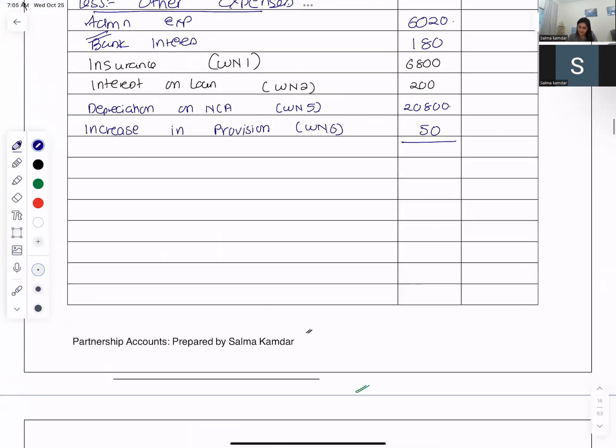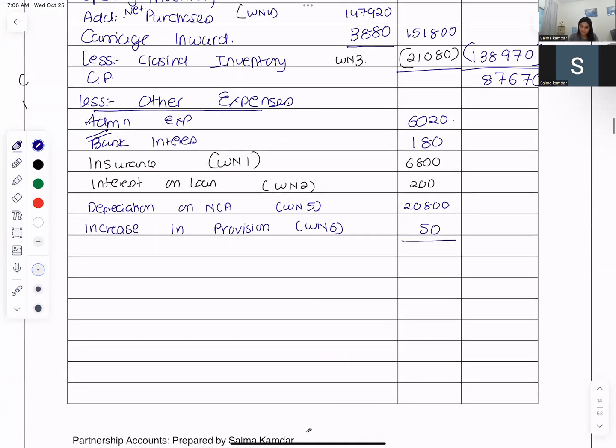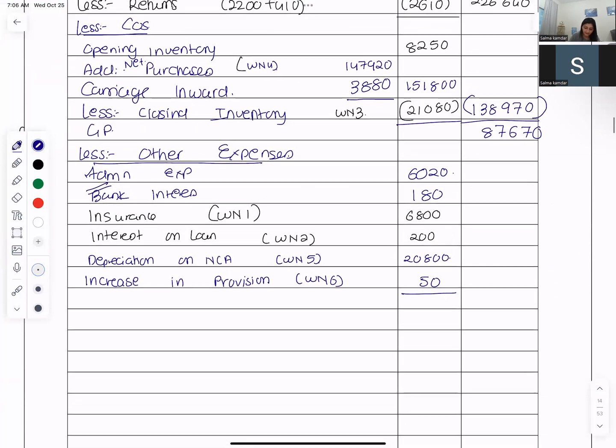So like this, you have your other expenses. Your total of the other expenses, that is 6,020 plus 180 plus 6,800 plus 200 plus 2,800 plus 50, is 34,050.